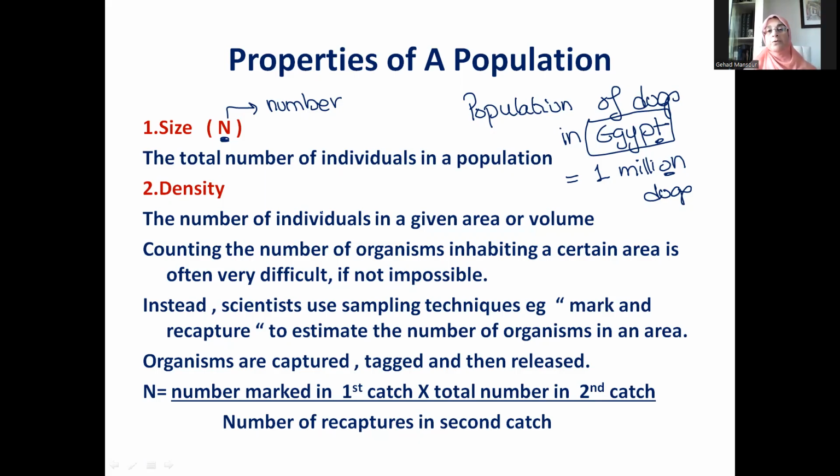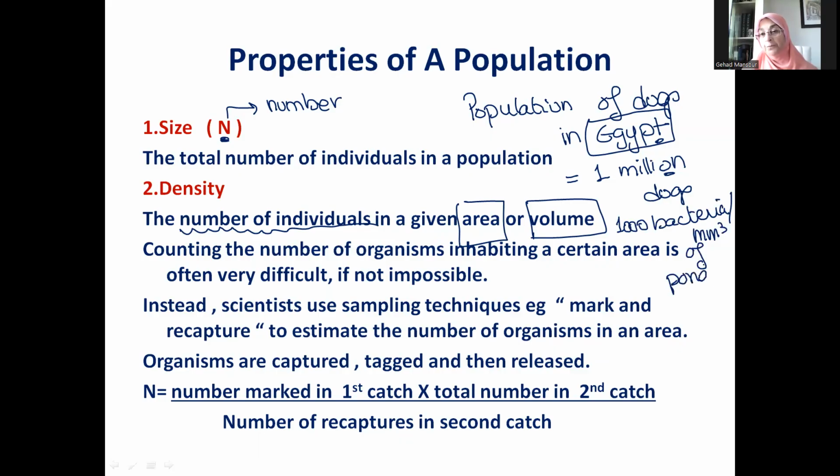But when we talk about the density, we have to specify where this number you are talking about, in which area or how much area it occupies or how much volume it occupies. So if you're talking, for example, about the density of bacteria, you can say, for example, that we have 1,000 bacteria per cubic millimeter of pond water.